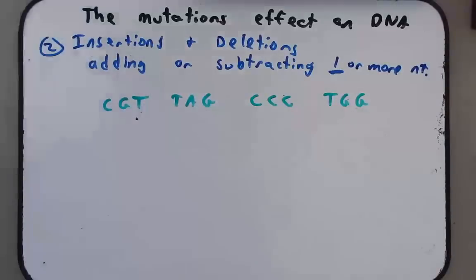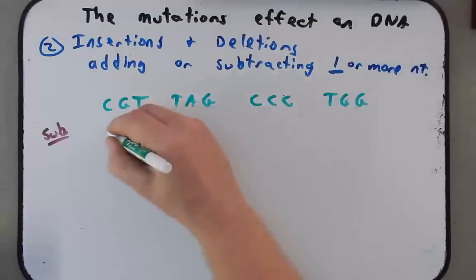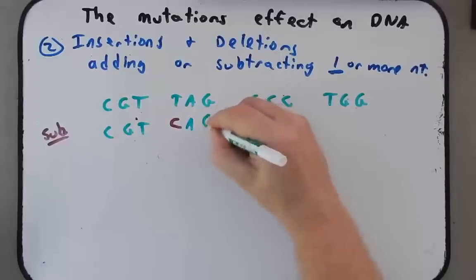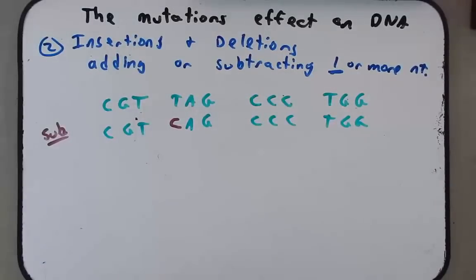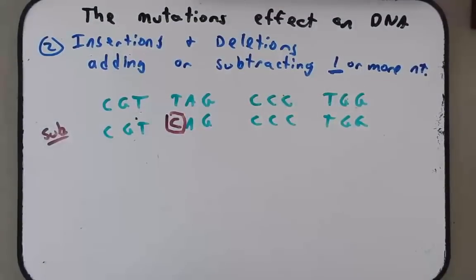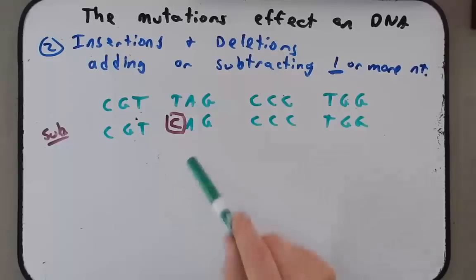Previously, when we talked about substitutions, we might have been just talking about changing this T to a C, in which case you would still have 4 codons here, but this one mutation here will change this one codon to perhaps a different amino acid. And we'll talk about that again on the next whiteboard or two.